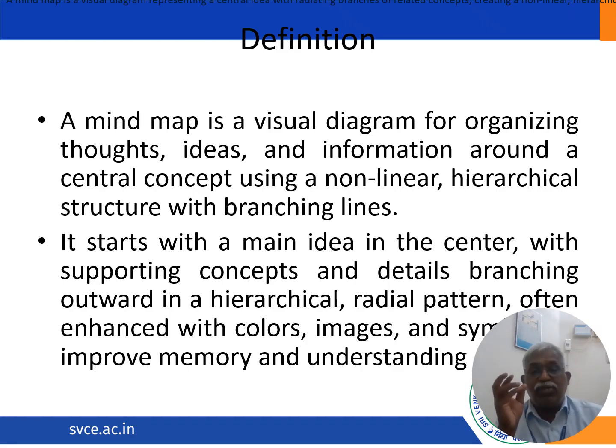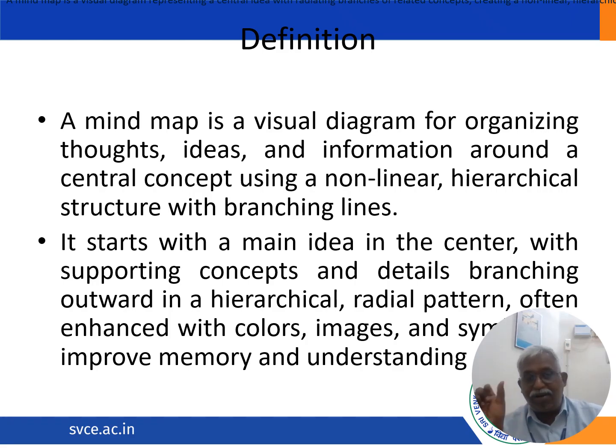The mind map is a visual diagram for organizing thoughts, ideas and information around a central concept. The main focus of the concept, for example, is understanding the powder metallurgy concept.